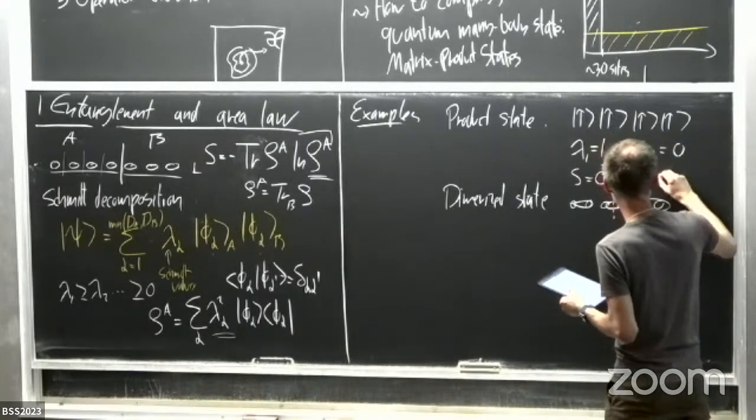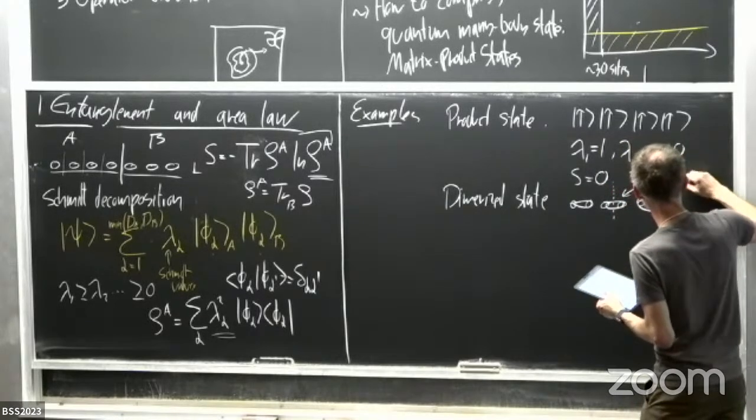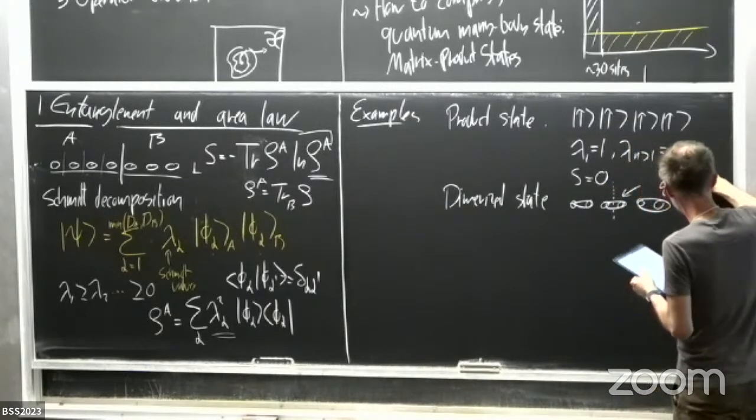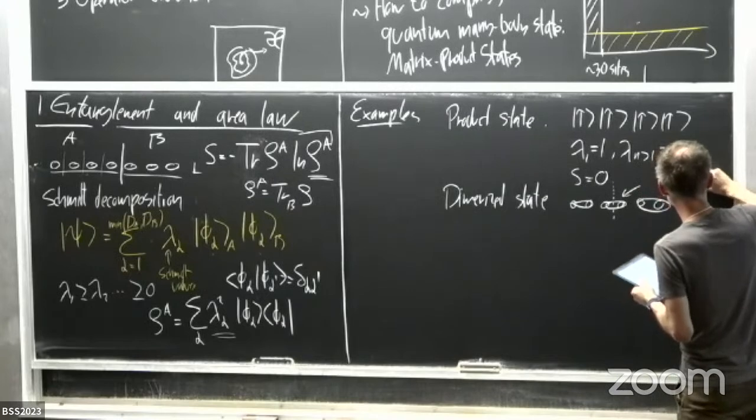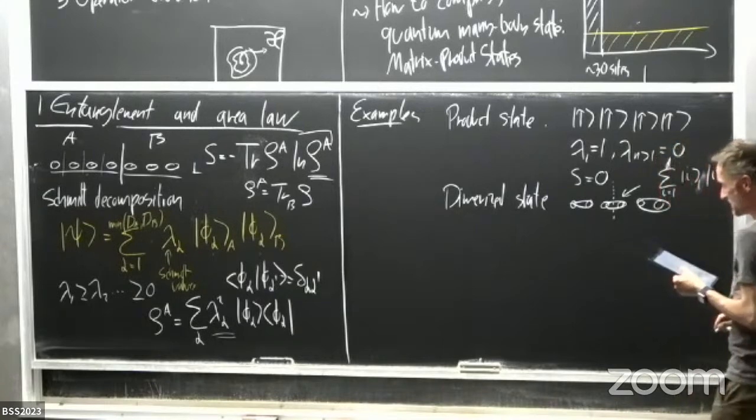So let's say that these correspond to the sum from i from 1 up to d of |i> on spin 1 and |i> on spin 2.